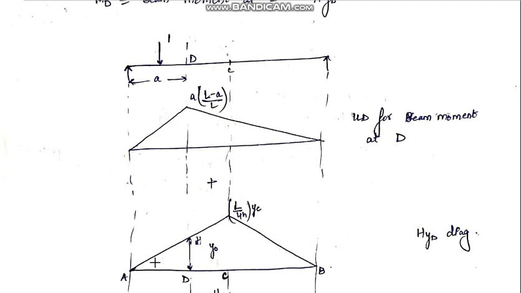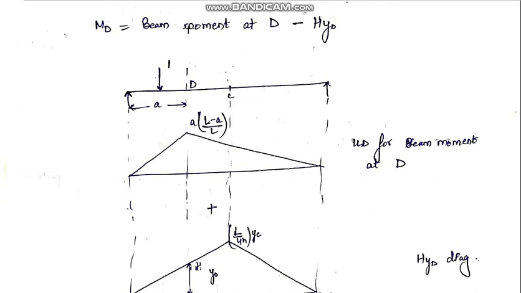So the diagram will remain the same because we are multiplying all the ordinates by a single number. So this diagram will remain the same. Okay, so this is the ILD for the bending moment at D section in a simply supported beam, and this is the ILD for HYD.